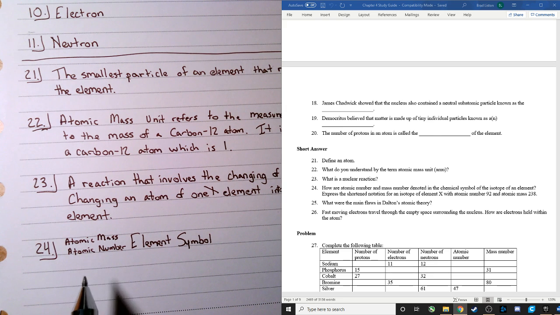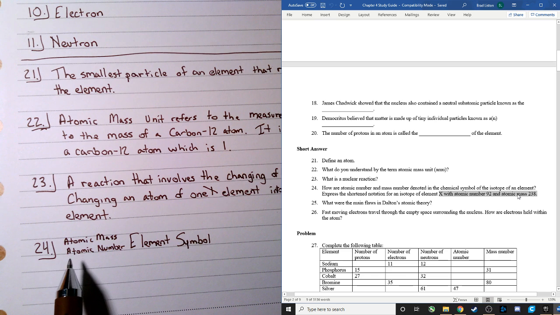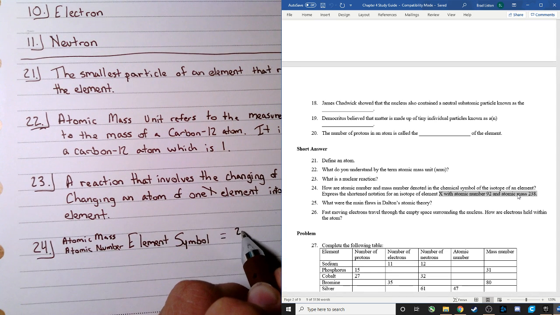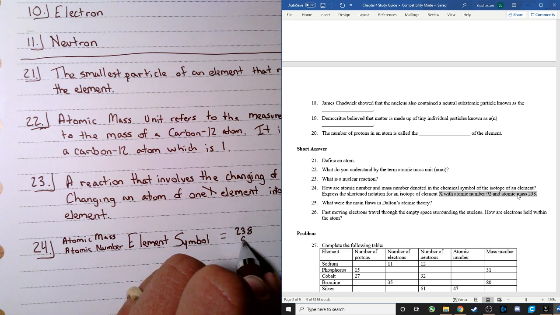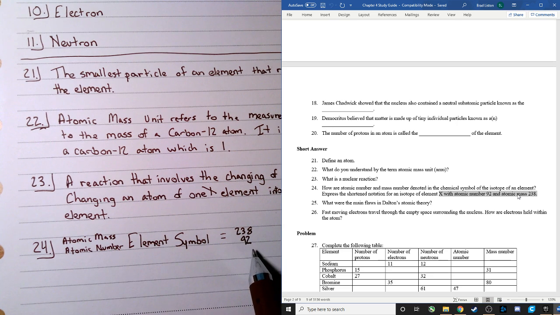Now, how do we put what's in our problem over here? This is what we're given. So how do we put that into this notation? So we're given the atomic mass of 238. So 238 here. Then we have atomic number below it. So that's 92.